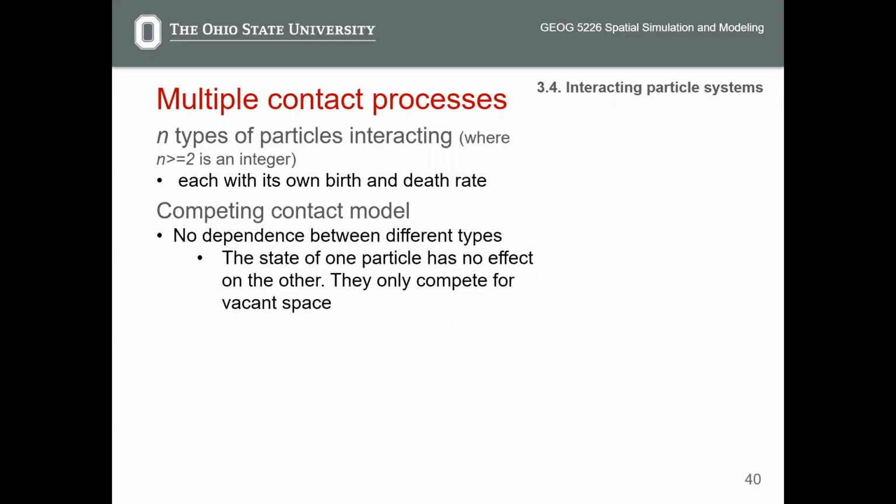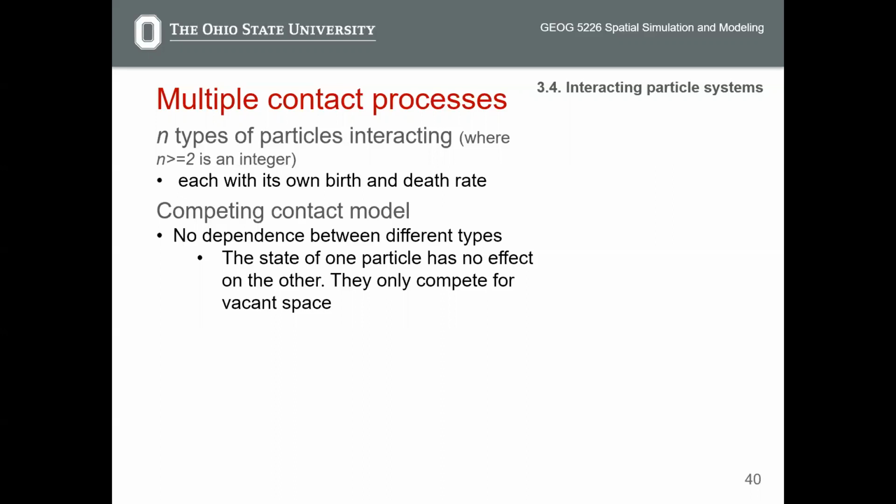So here we should have two types of particles or even more particles, or we can say besides 0, we should have at least two other states or even more states, each with its own birth and death rate, which means each particle should have a specific delta value.